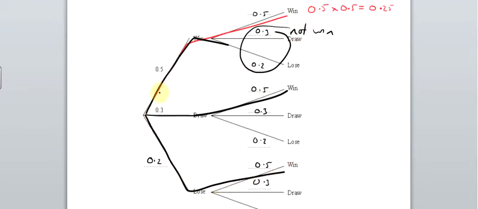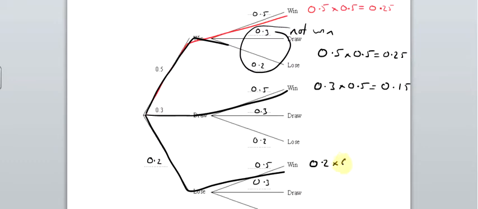So with this one here, we've got 0.5 times 0.5, which is 0.25. And the second 0.5 comes from this combination here. Here we've got 0.3 times 0.5, which is 0.15 because 3 5s are 15, and then we've got 0.2 times 0.5, which is 0.1.